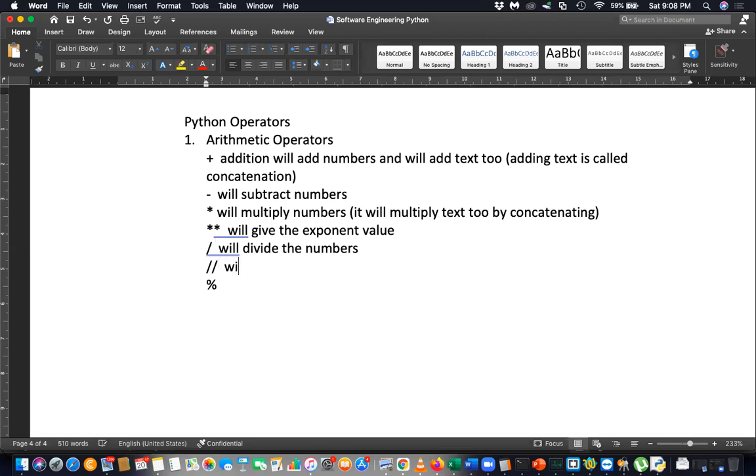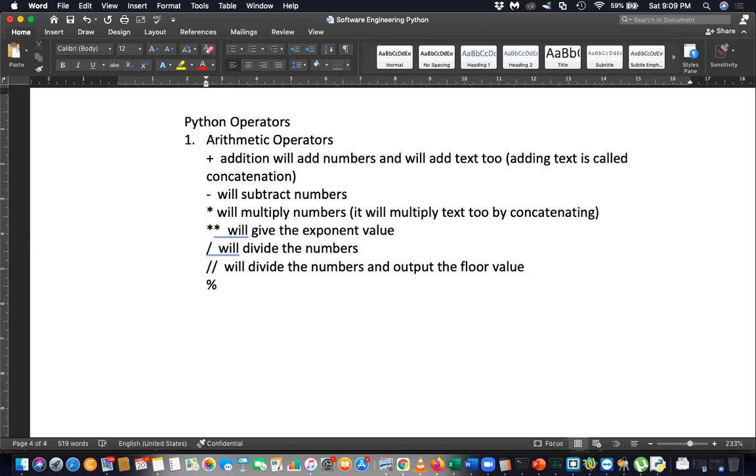Floor division will divide the numbers and output the floor value.